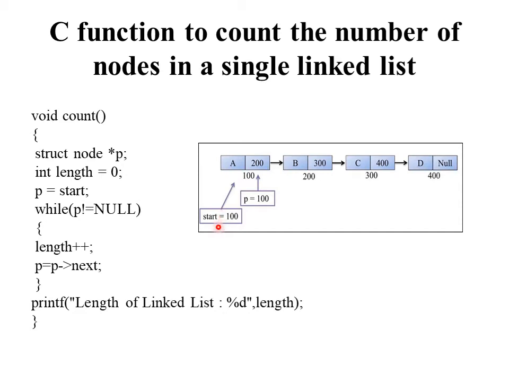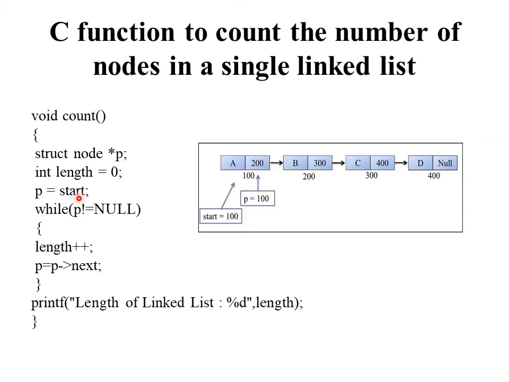So we cannot move start, that's why we use a new pointer P, and we define P using struct node pointer P. Next declaration is length. We initialize length with starting value 0.